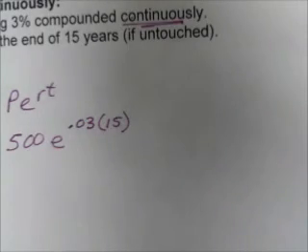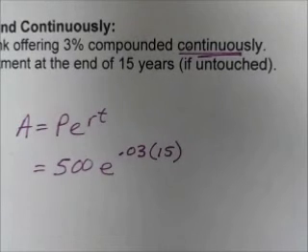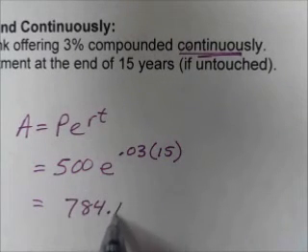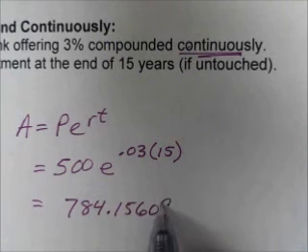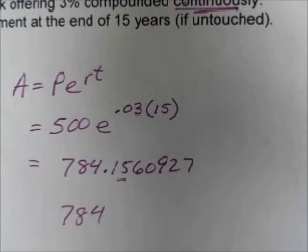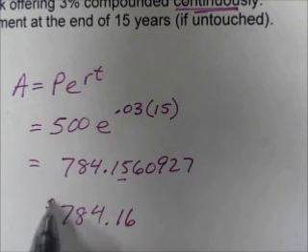That gives 784.1560927. Rounding to the nearest cent, $784.16.